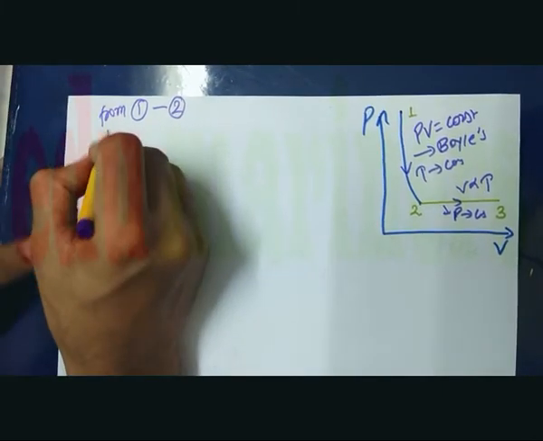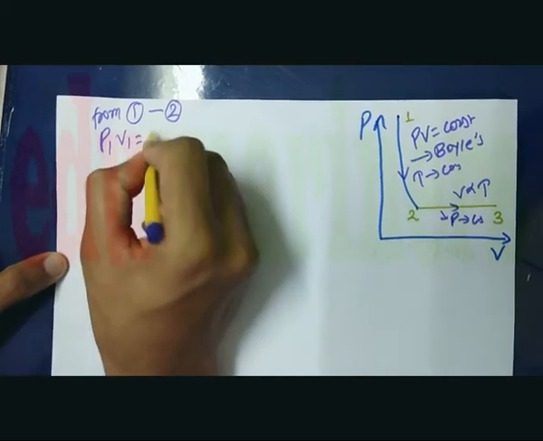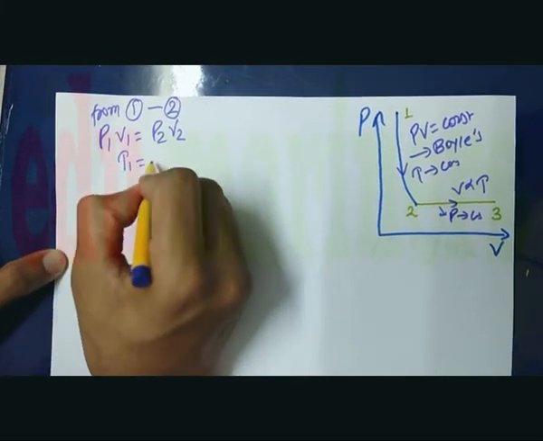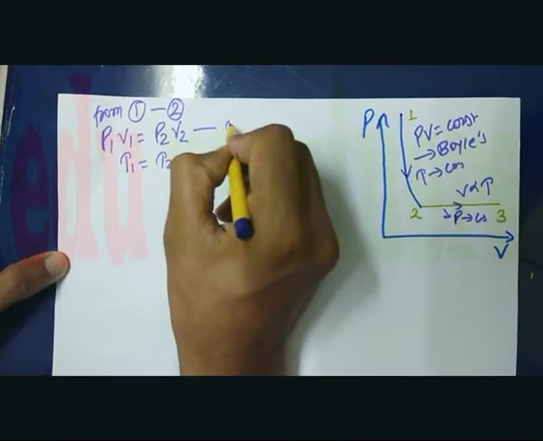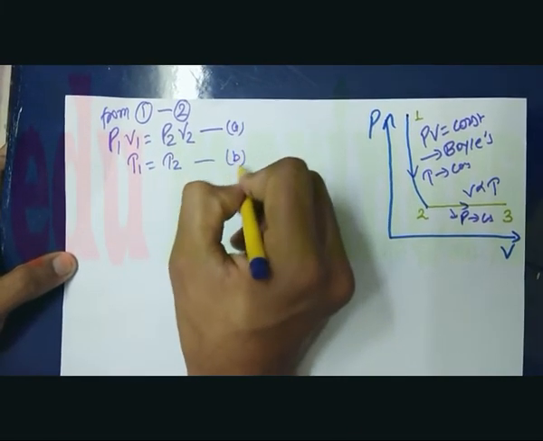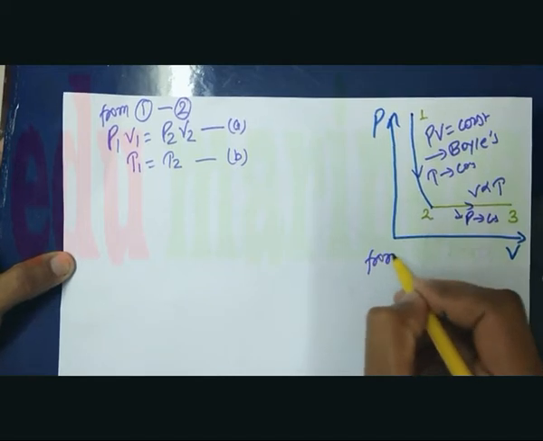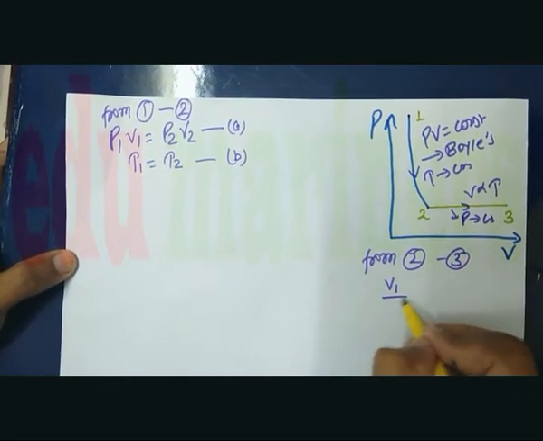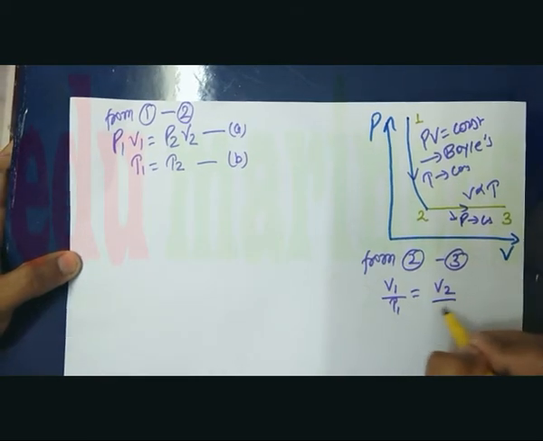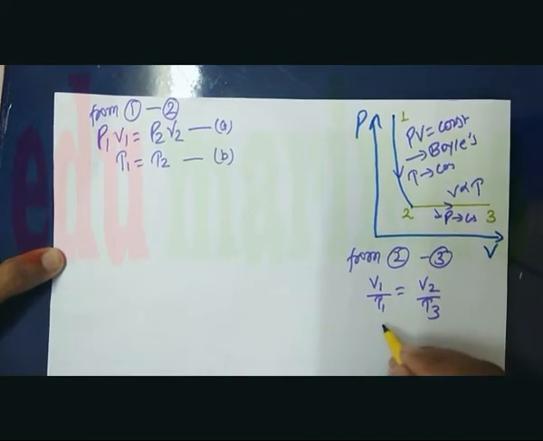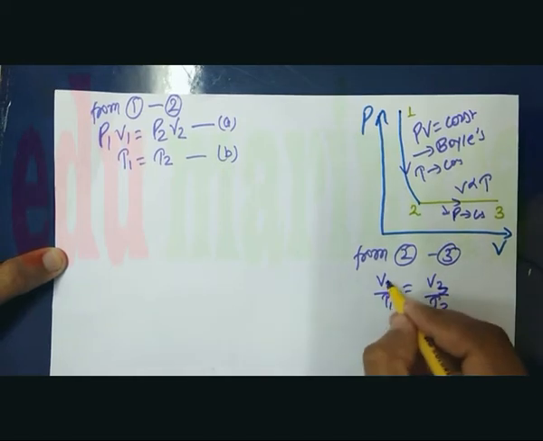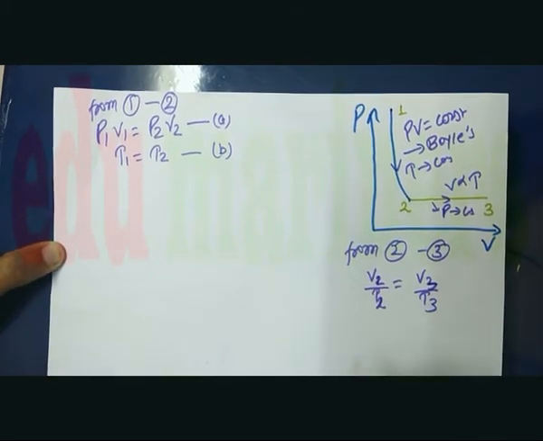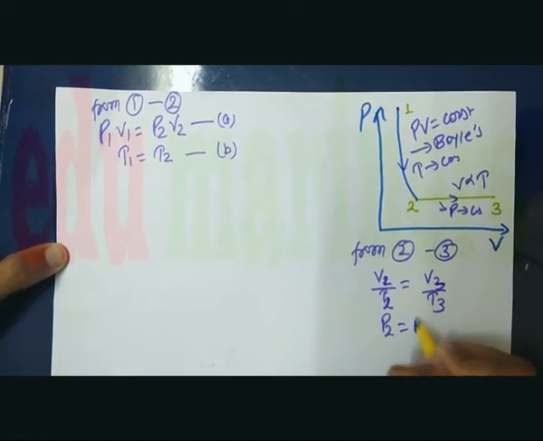Now for process 1 to 2, P1 V1 is equal to P2 V2, as Boyle's law stated, and here T1 is equal to T2. Let this be equation A and this be equation B. Now from 2 to 3 it follows Charles' law. So V1 by T1 is equal to V2 by T2, and here V2 by T2 is equal to V3 by T3, and here P2 is equal to P3.